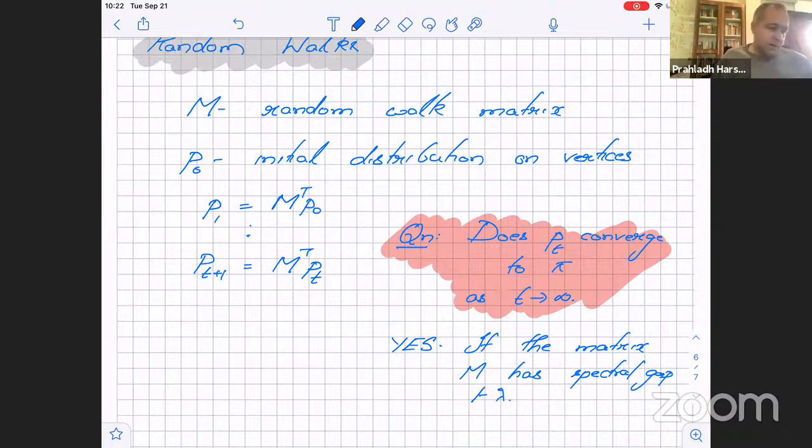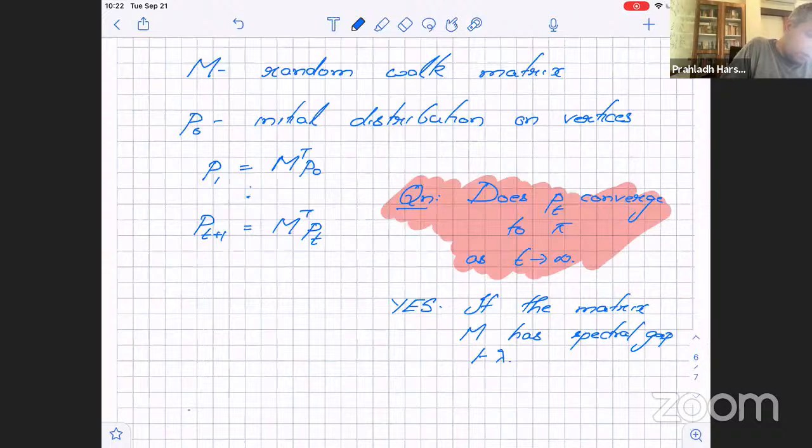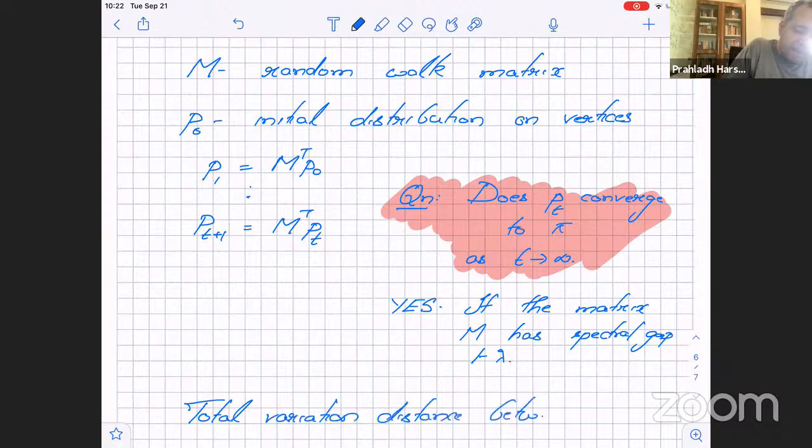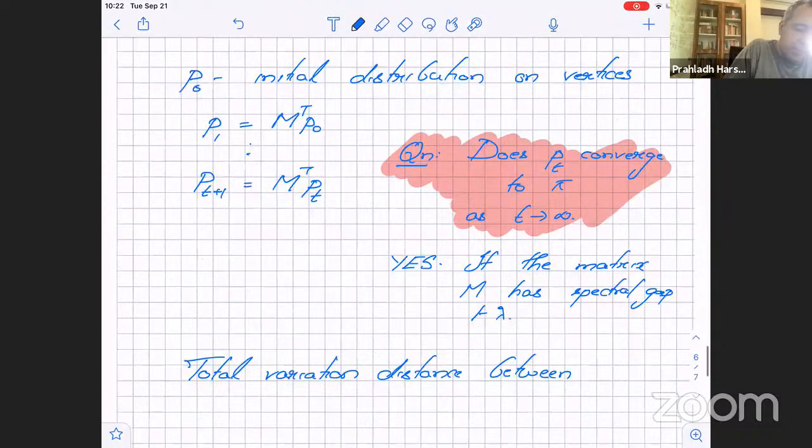To show convergence, we'll understand the total variation distance between Pt and pi. So what is the total variation distance?